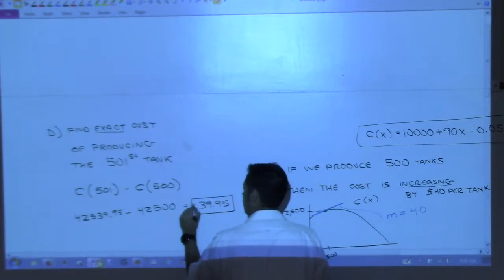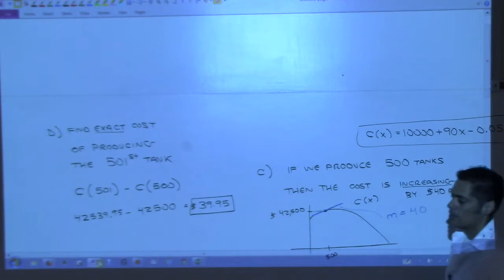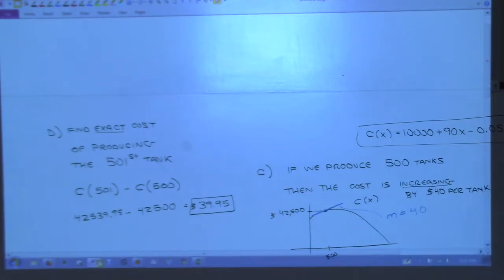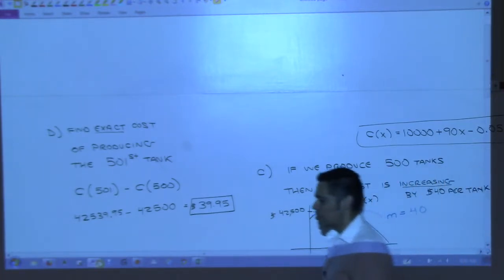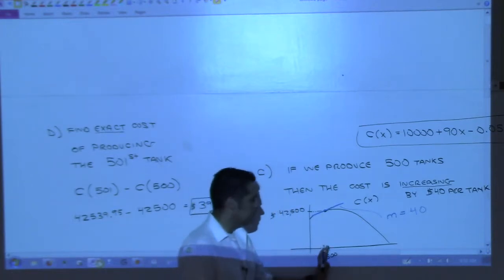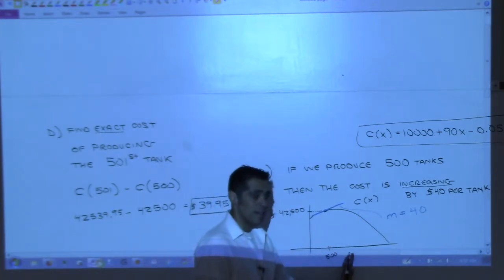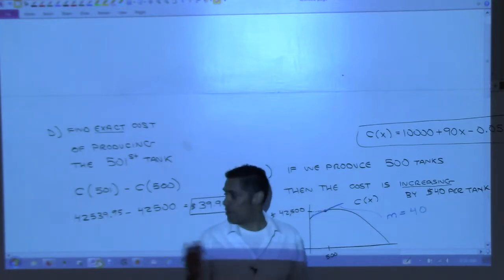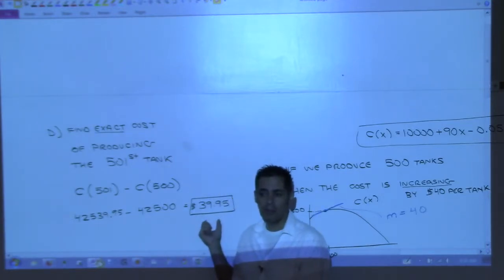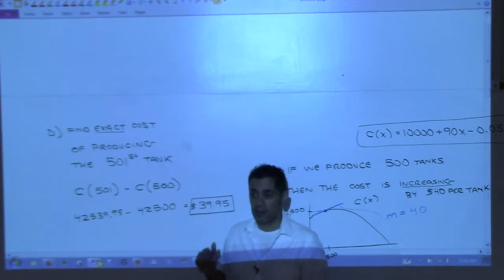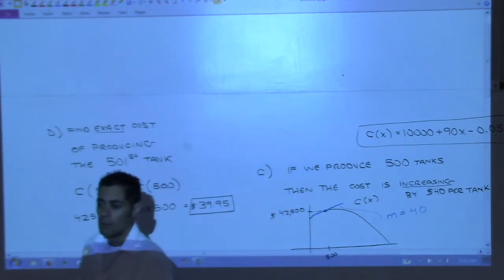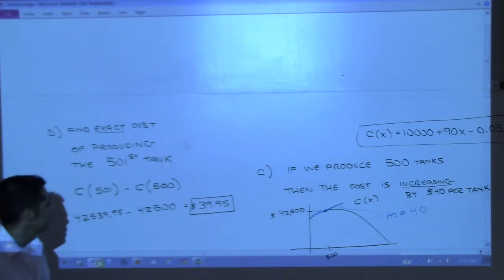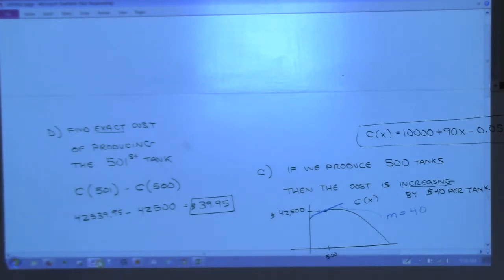And that's dollars. So from moving from 500 tanks to 501 tanks, the total cost for our company changed by $39.95. It went up by that much, yes. You shouldn't have any rounding problems here. It should have been an exact answer.